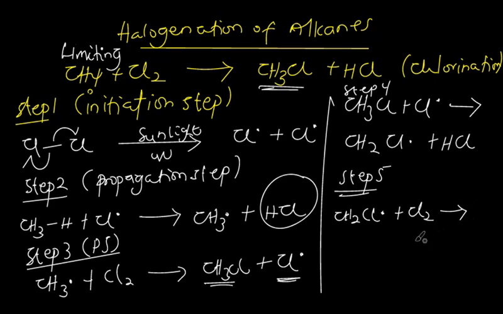In step 5, the CH2Cl radical will now attack a new molecule of chlorine to give us CH2Cl2, which is dichloromethane, plus Cl radical again. So you could see at the first part we have chloromethane. But if the methane is the limiting reagent, not in excess, the reaction will continue to step 4, where we form the CH2Cl radical again.